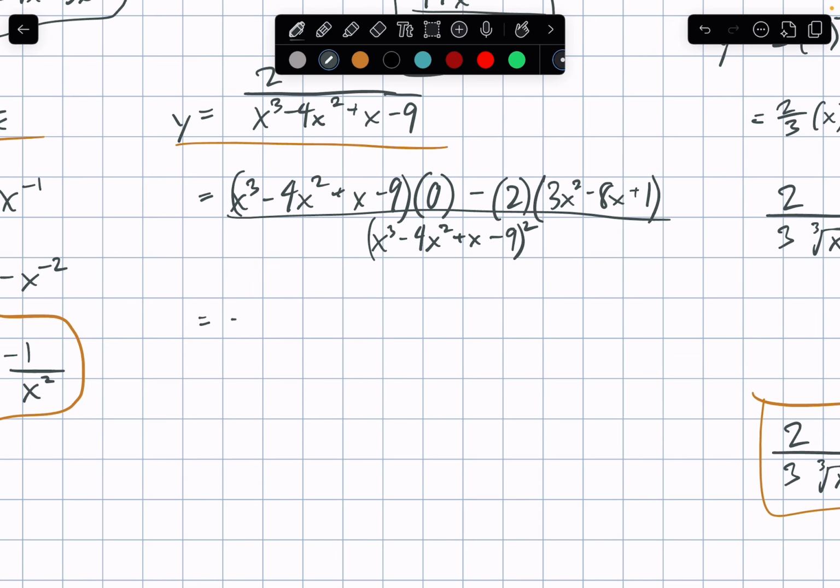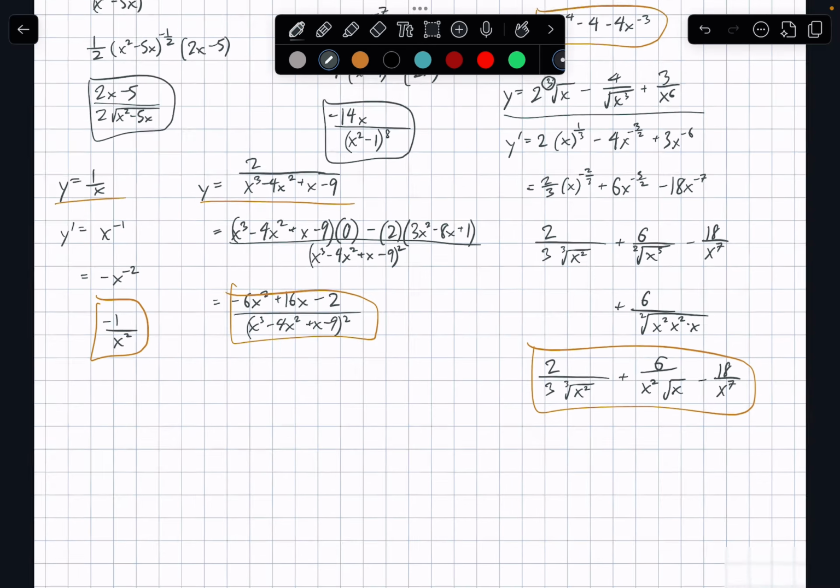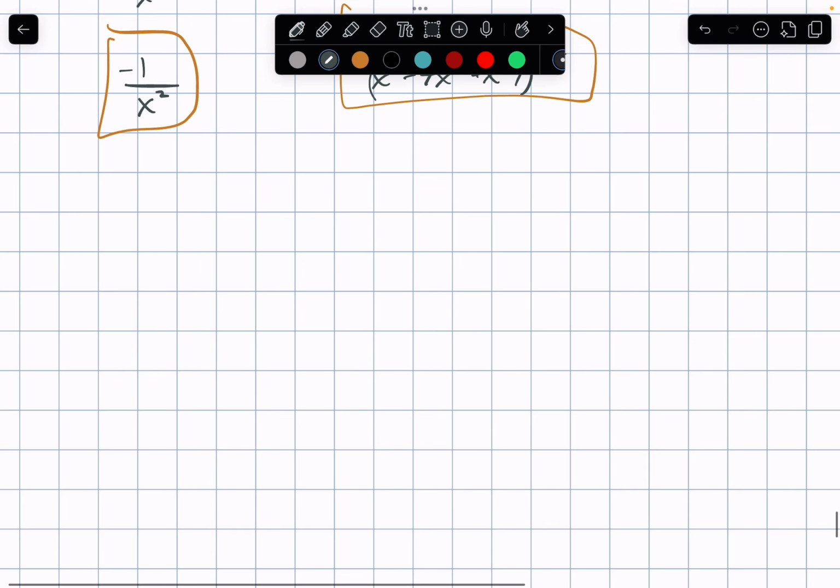That's it. Negative 6x squared plus 16x minus 1. Minus 2. And then below, we just copy. At this point, this could be the final answer already. Next.